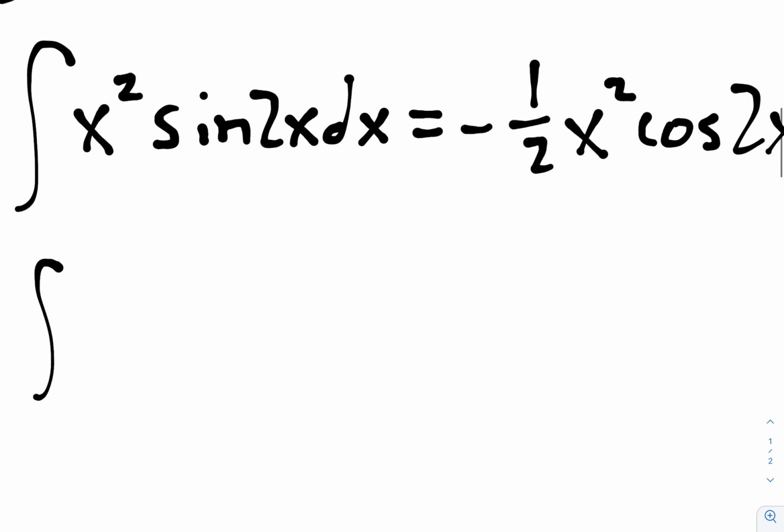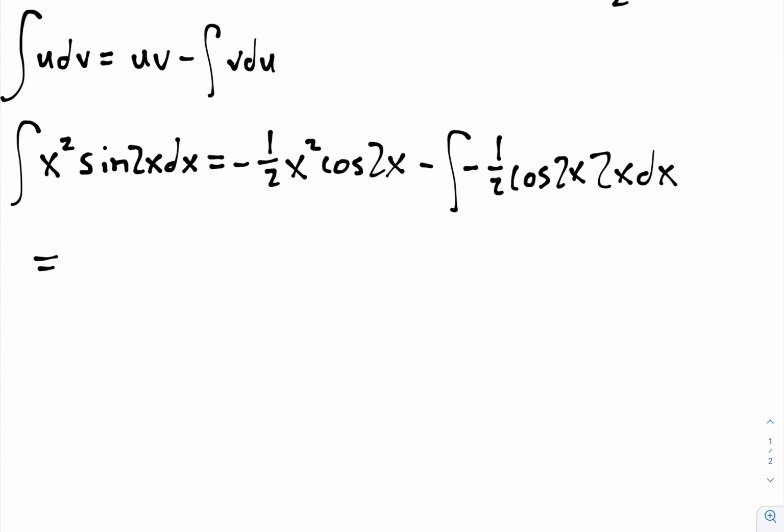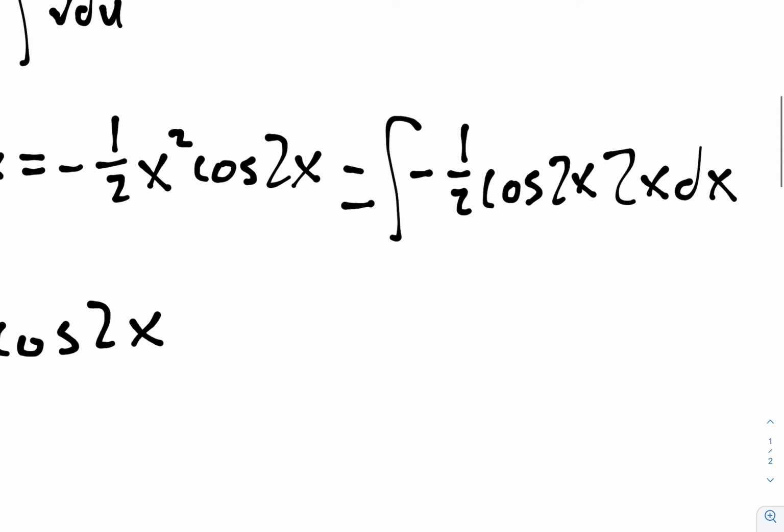I'm just going to clean this up a bit on the next line. It's going to be the same stuff, and I'm just carrying this equal sign down over here. So negative 1/2 x squared cos 2x, right? And just to clean this up, a negative and a negative is going to make a positive, so we can just say we're adding.